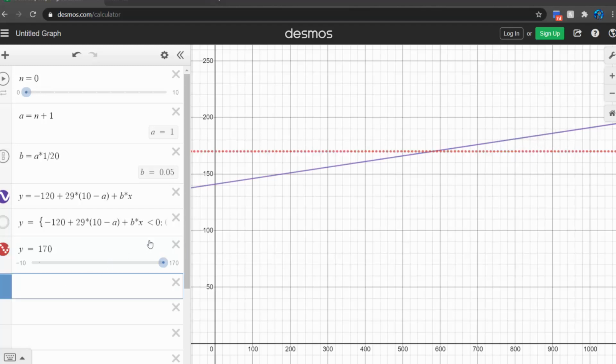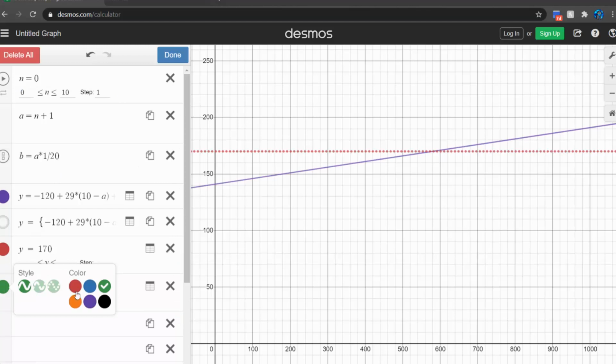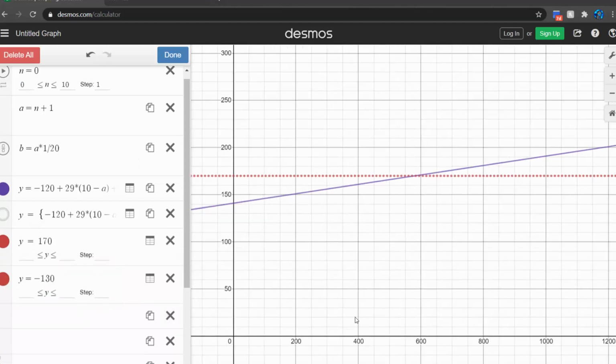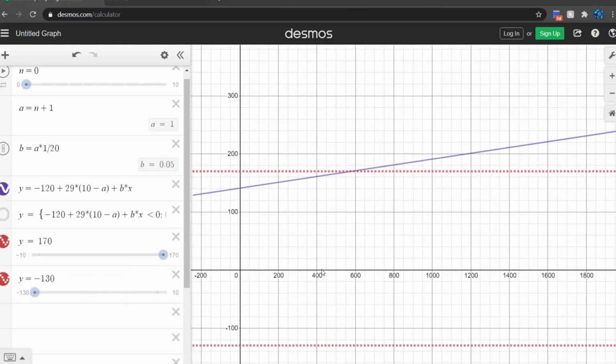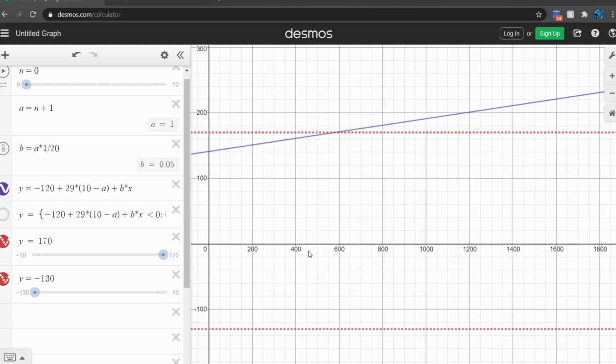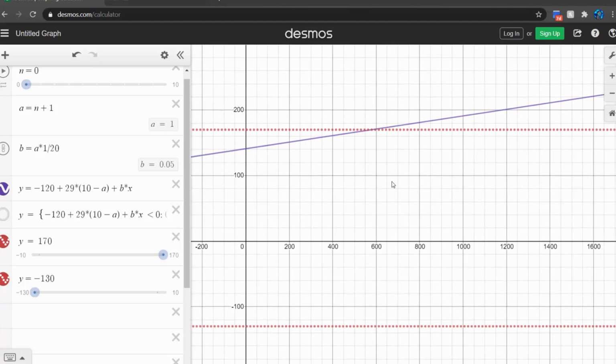And y = -130 would be the minimum it can be, but usually you can't get to that stage easily. But let's go y = -130 anyway, and let's pop into settings, make it red, and make it dashed. All right, so these are our bounds, and the x-axis is a measure of distance from the location.